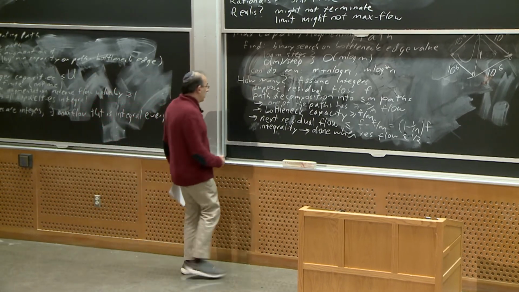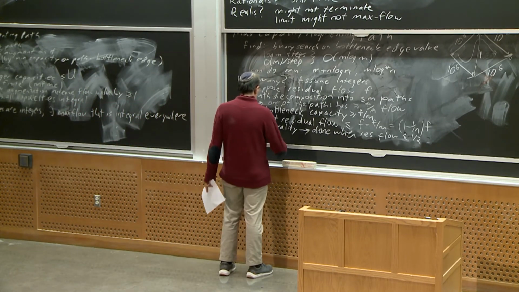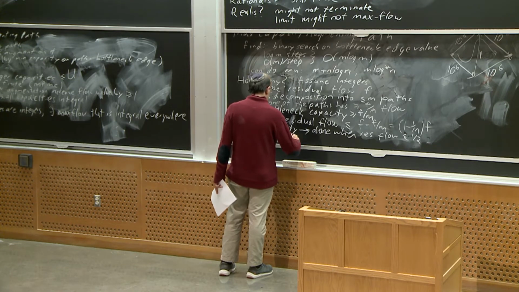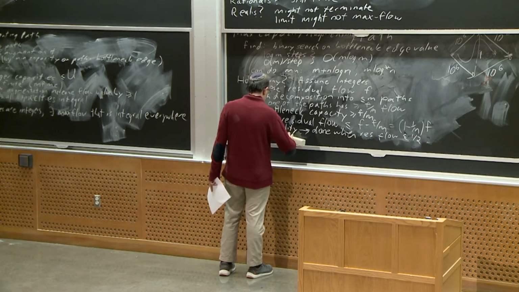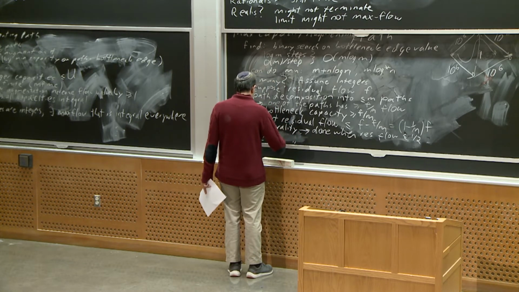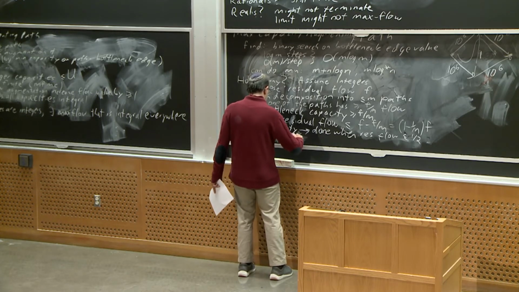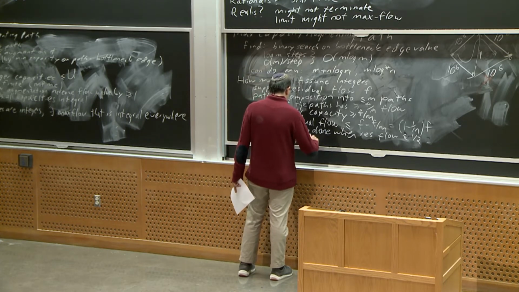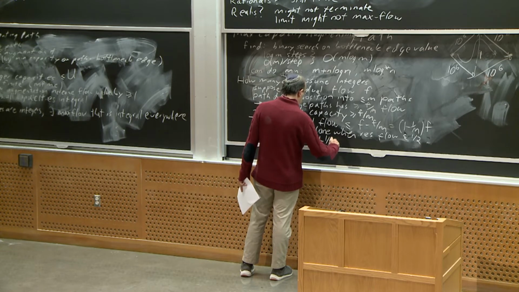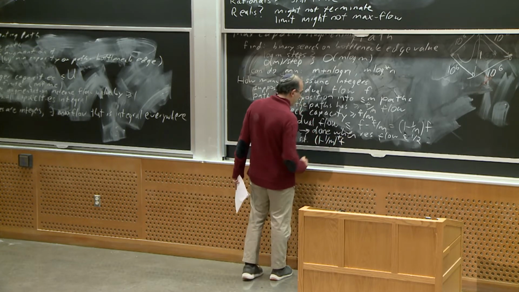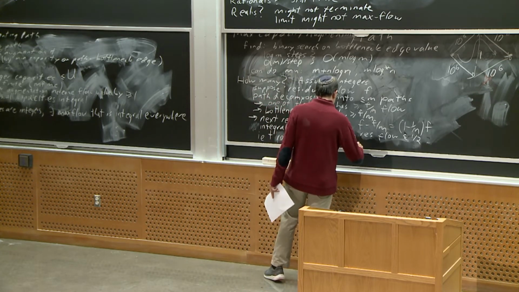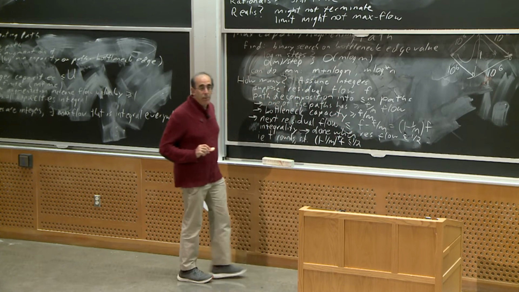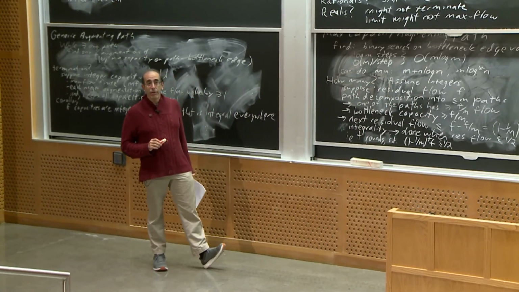i.e., when (1 minus 1/m) to the t, sorry, let me be more precise. We can do t rounds such that (1 minus 1/m) to the t power times f is less than or equal to a half. That will be enough rounds to give us the max flow. Yes?